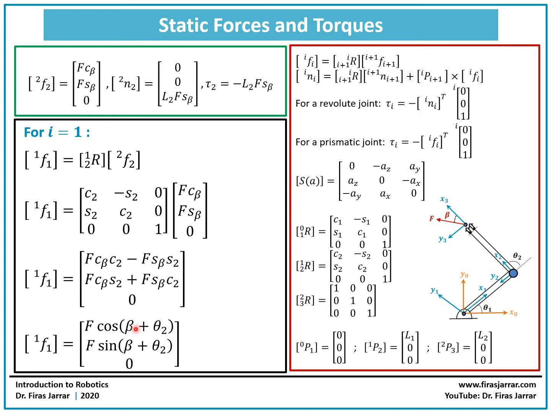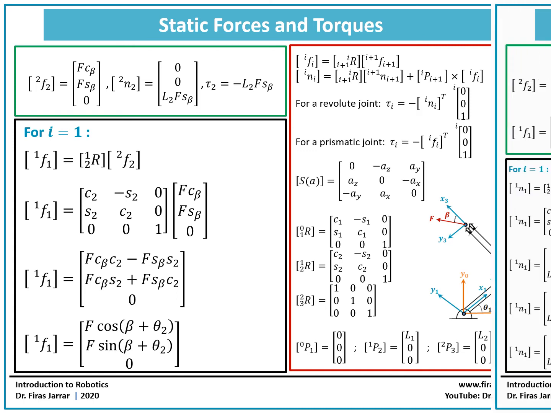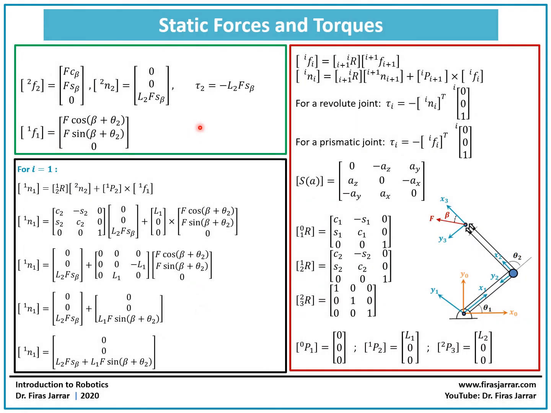This is why we have the components not only with beta, but we also include theta 2. So cosine of beta and theta 2, we added them together because both of them are about the z-axis. So we updated the results section to include now also the force.